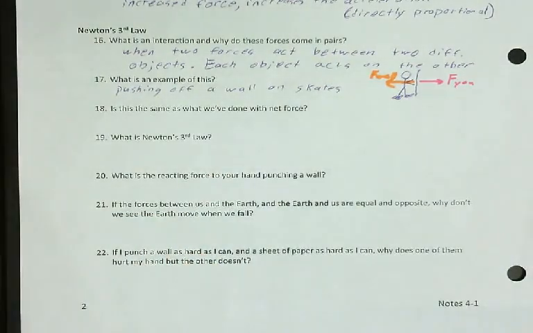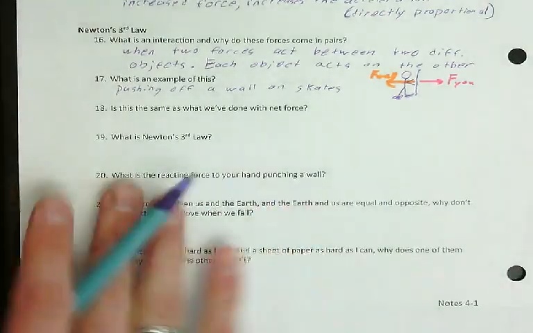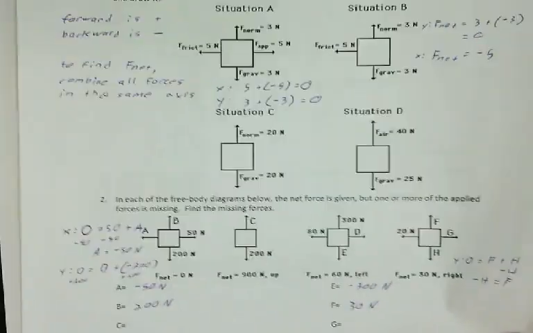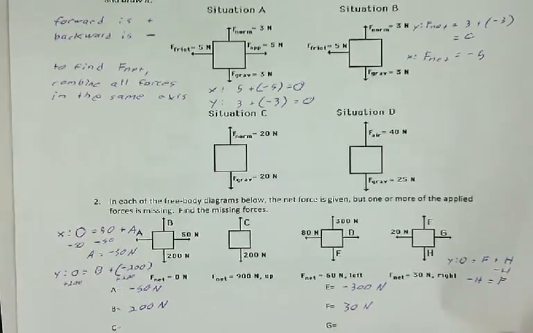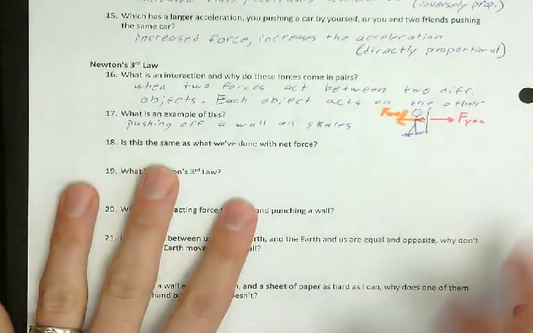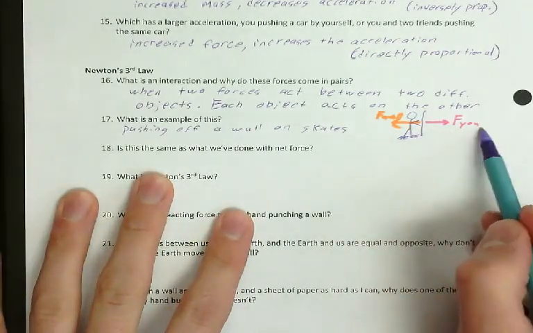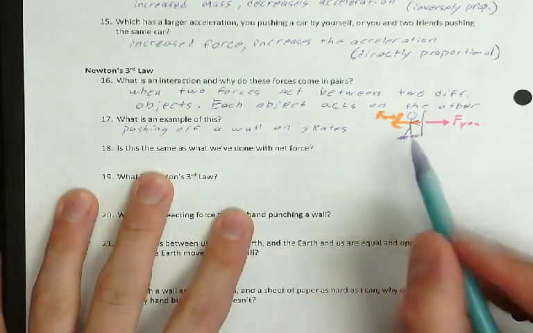Is this the same as what we've done with net force? No, this is not net force. Because notice that net force was multiple forces on one object. This is two forces on two objects. One force is from me on the wall. The other force is from the wall on me.